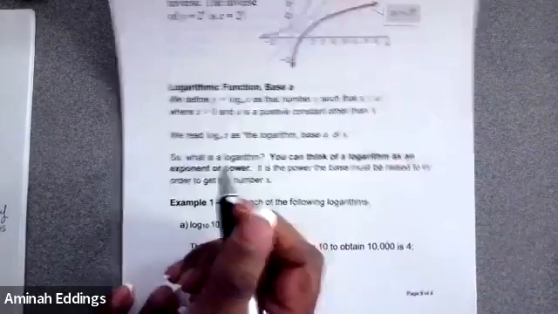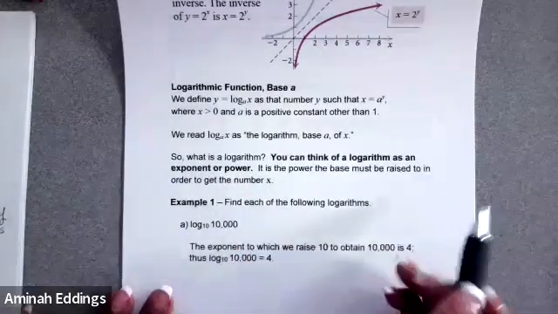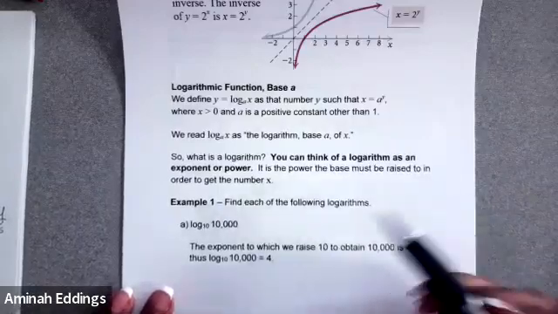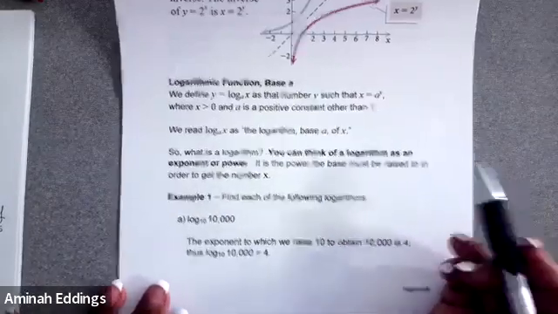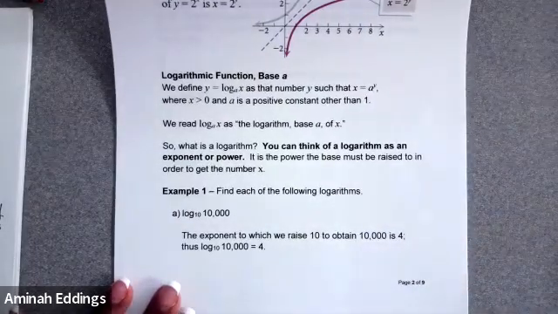So what is a log? If you recall, I said it's going to be your inverse of an exponential function. Well, when you think of a logarithm, you can think of it as an exponent or a power.